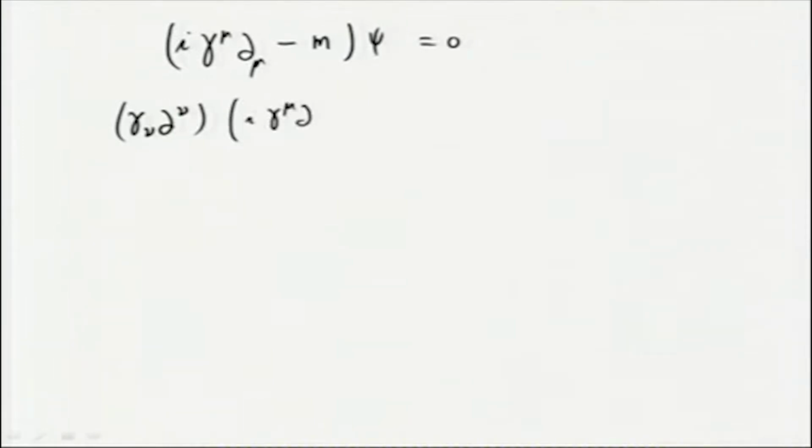What do we get? First it is γ^ν γ^μ ∂_ν ∂_μ.